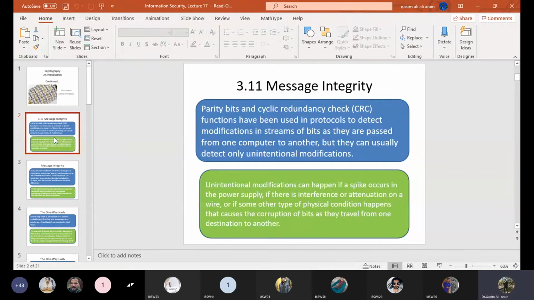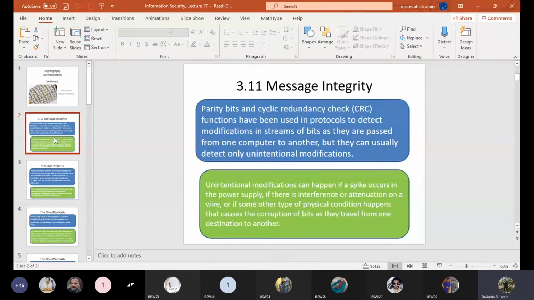Now let's start with slide number 2, message integrity. Parity bits and cyclic redundancy check, that is called CRC, functions have been used in protocols to detect modifications in streams of bits as they are passed from one computer to another, but they can usually detect only unintentional modifications, right?